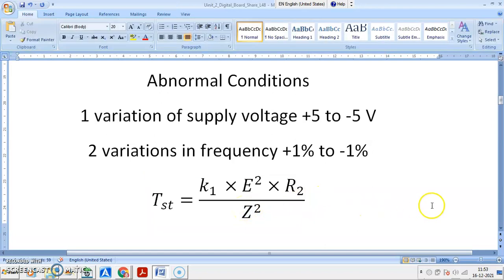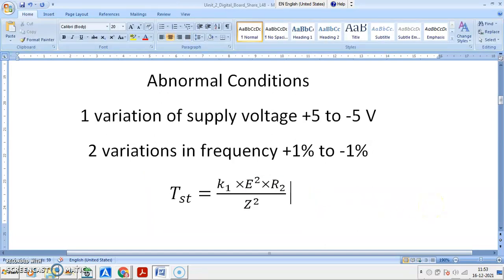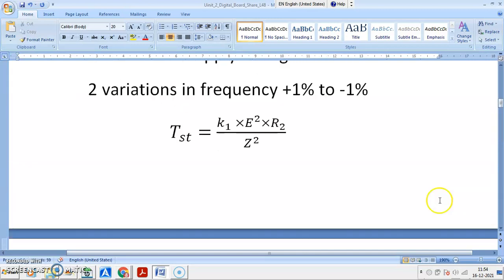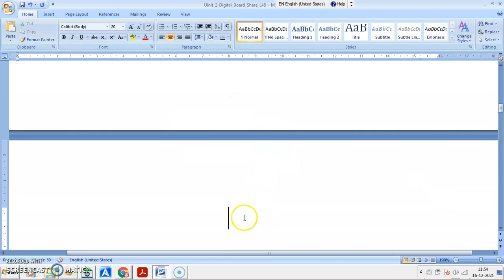So here you can see the EMF induced in secondary. In this formula, E2 is the EMF induced.